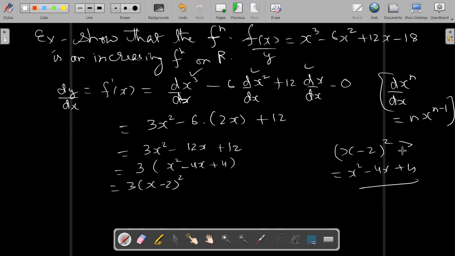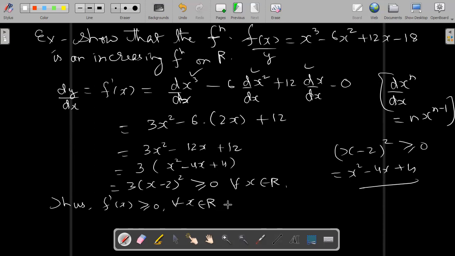The square is always greater than or equal to 0, and 3 is already positive. That means this is greater than or equal to 0 for all x belonging to R. So it is increasing. Greater than or equal to, therefore it is increasing. If it were greater than, we could say strictly increasing. So we got that the derivative is positive. Thus we can say that f dash x is greater than or equal to 0 for all x belonging to real numbers.